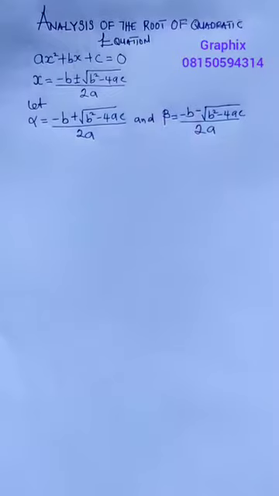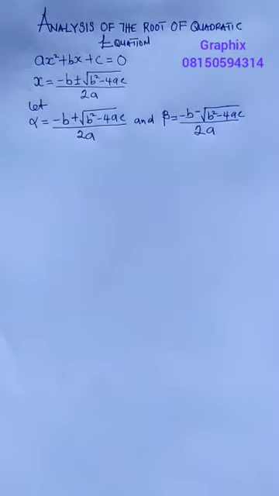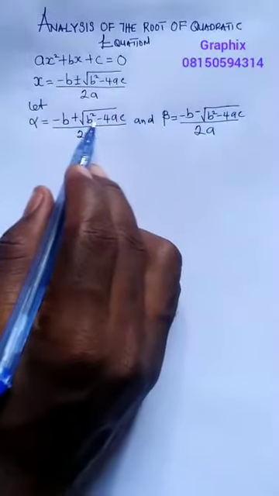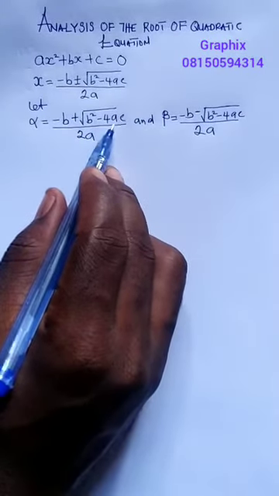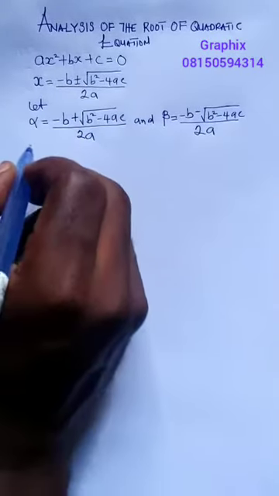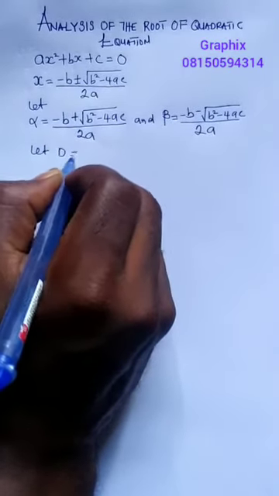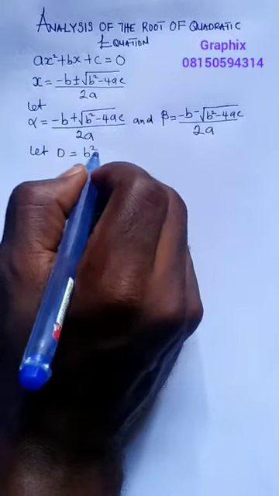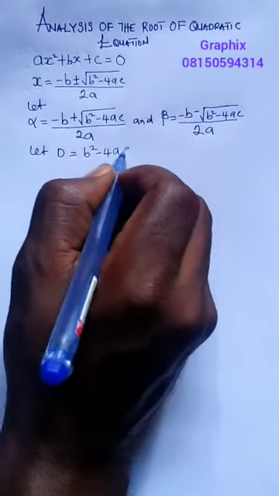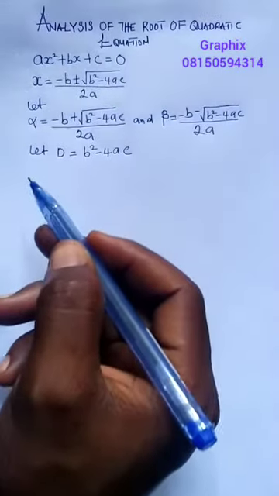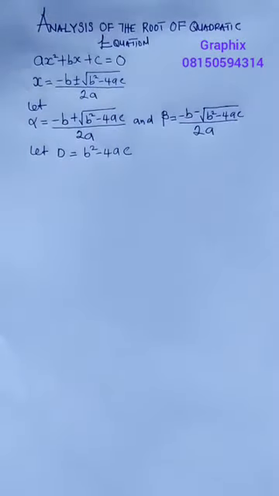Is that taken? Now, you represent this function inside here with D. Now you say let D be equal to b squared minus 4ac. So if I am to rewrite, the D is called the discriminant.